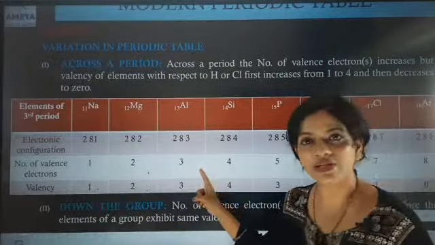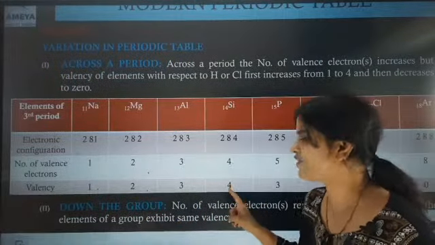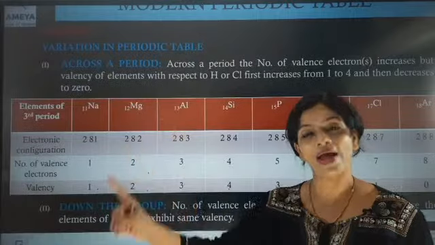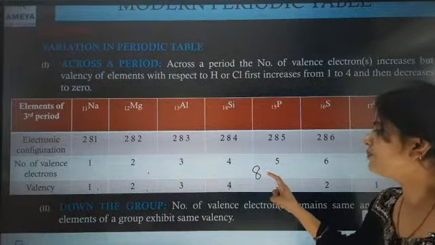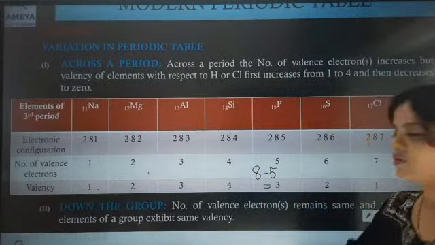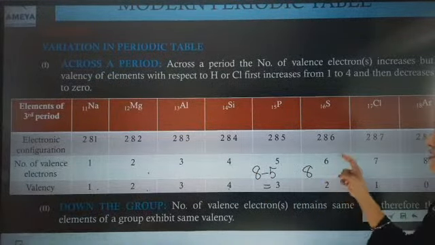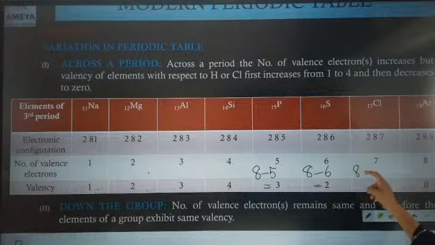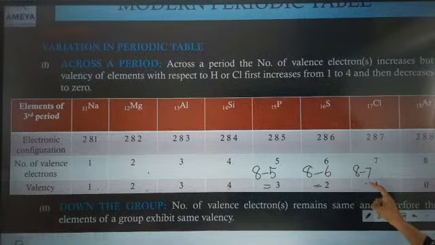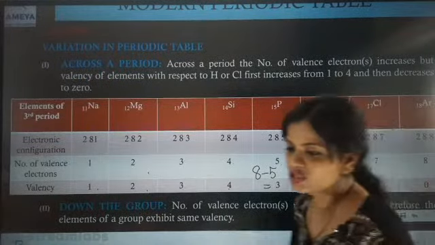Valence electron 3, valency 3. Valence 4, valency 4. But when the valence electron is 5, valency will be 8 minus 5 equal to 3. Valence electron 6, 8 minus 6, valency 2. Valence electron 7, valency 8 minus 7, 1. So like this the rule will be there.